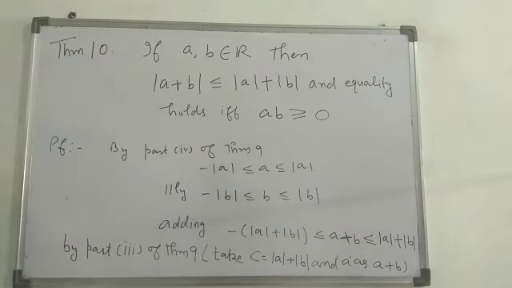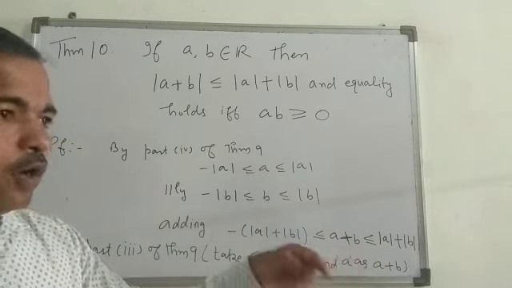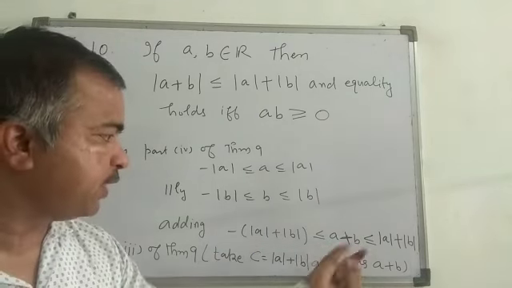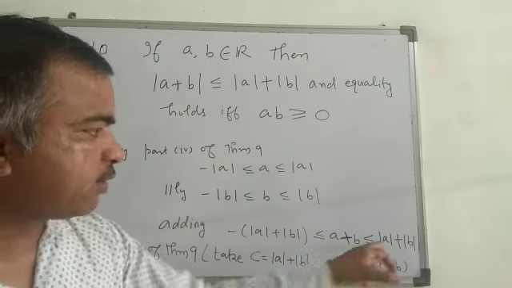Now, by part 3 of theorem 9, -c is less than or equal to a, less than or equal to c, if and only if |a| is less than or equal to c. So if we take c equal to |a| + |b|, and a as a + b, that is -c is less than or equal to a + b, less than or equal to c.